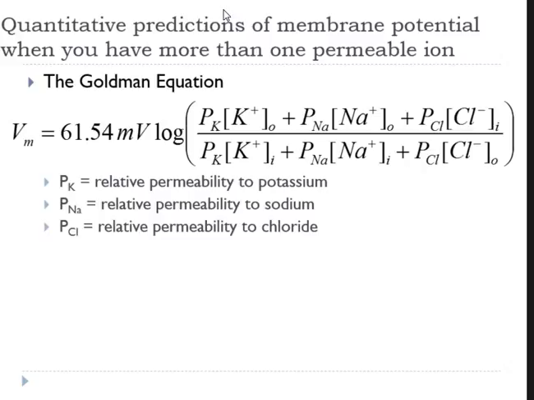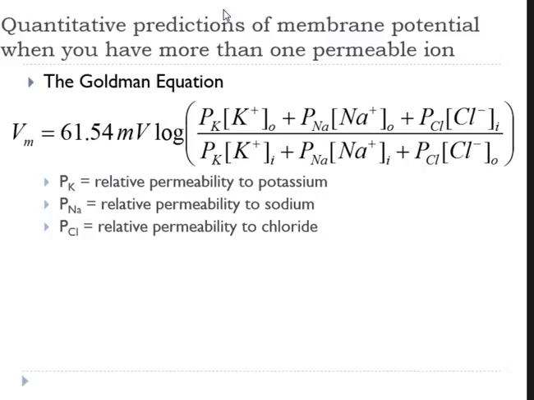So if we had a membrane where the permeability to potassium, pK, is 40 times that of the permeability of sodium, which is pNa, you could plug in the number 40 for pK here, and you could plug in the number 1 for pNa in this situation, right? And if chloride wasn't permeable at all, you could plug in a 0 for the permeability of chloride, if you wanted. And it can be any other variant you want.